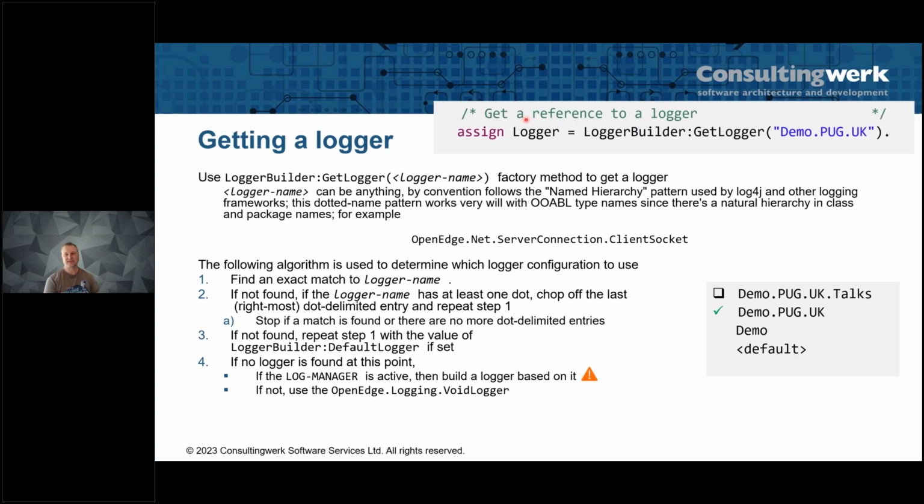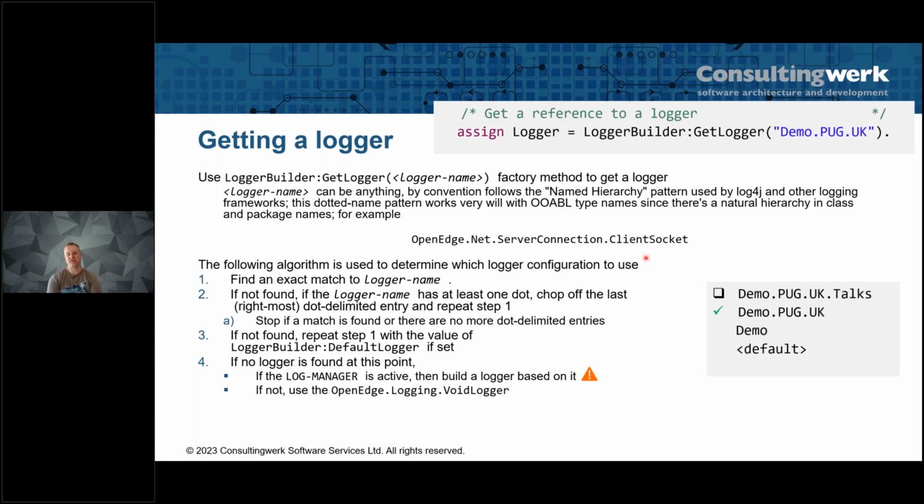That dotted notation, I believe, comes from Log4j originally, might just come from SLF4J, one of the Java logging components, which basically says that dotted notation over here, OpenEdge.Net.Server.ConnectionClient, that namespace we can use as a hierarchy. So on the right here, I've got demo.pug.talks, demo.pug.uk, demo, and default. And so we can configure loggers to be broader or narrower.